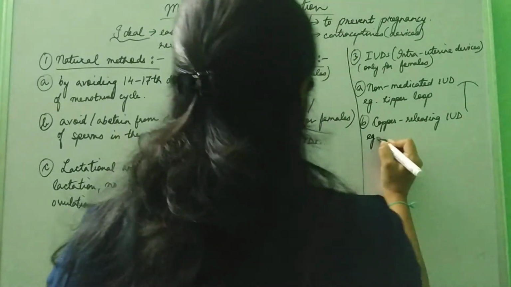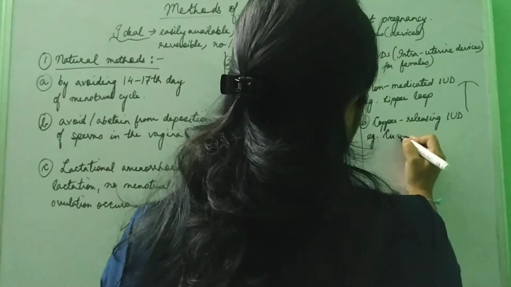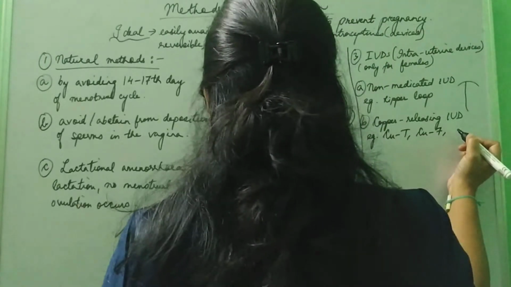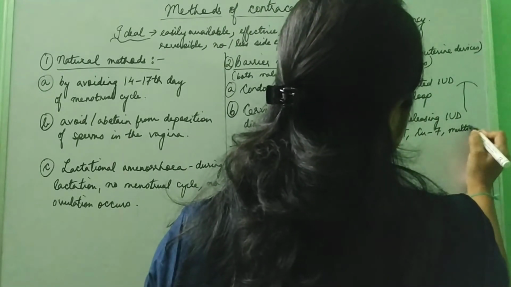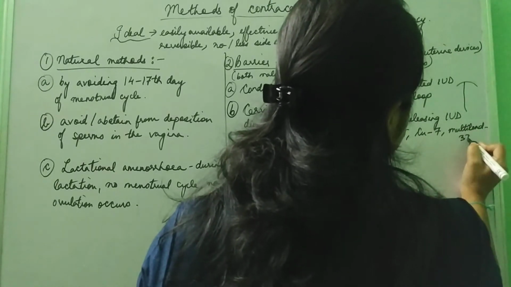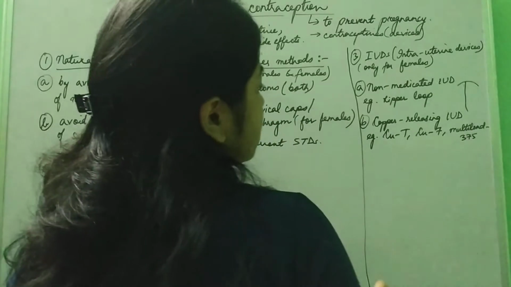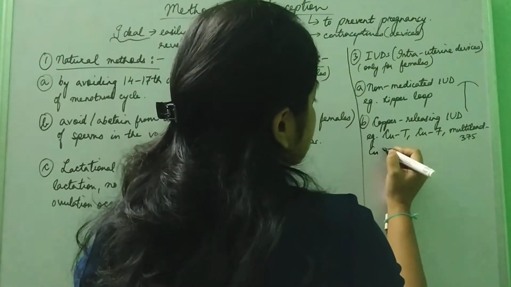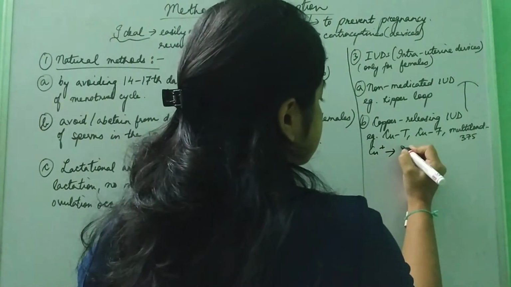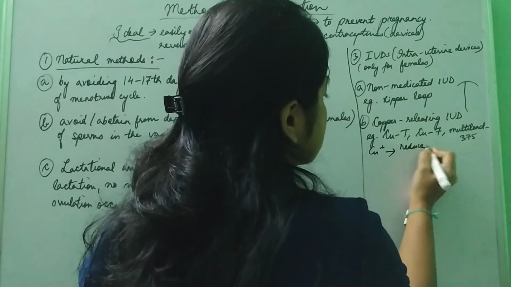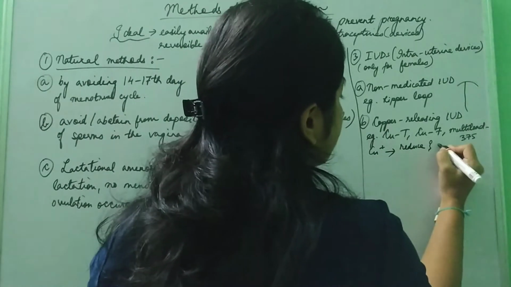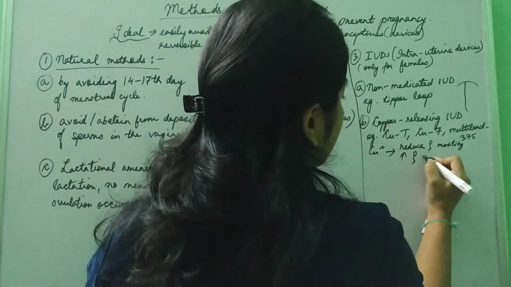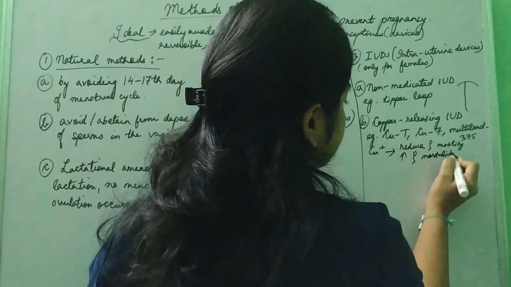Examples: copper T, copper 7, and one more is multiload 375. These copper ions are important because they reduce the sperm motility and increase sperm mortality.